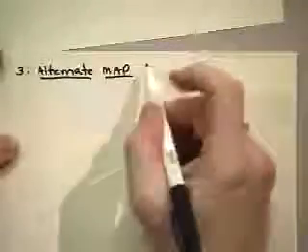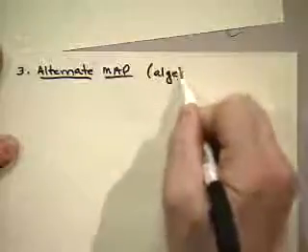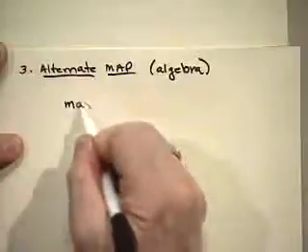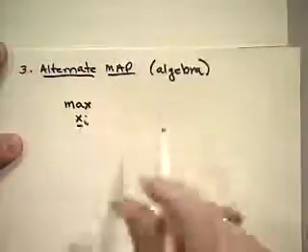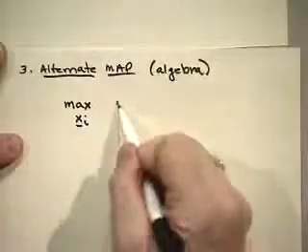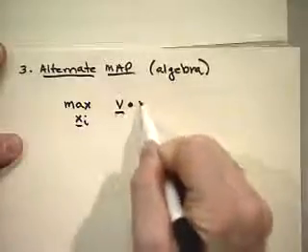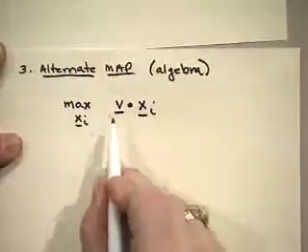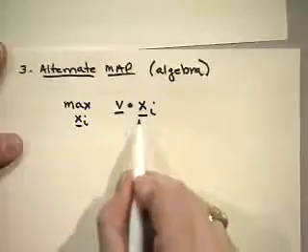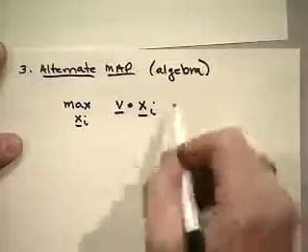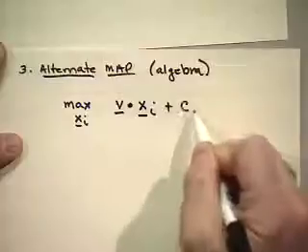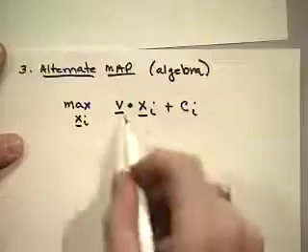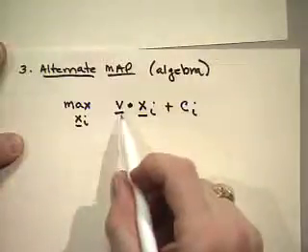Again, after some algebra, which is in the book in detail, you can determine that the map detector actually maximizes, over the choice among all the transmitted signals, the inner product of the received vector y and the input vectors xi in the signal constellation, plus some constant ci, which is not a function of the output of the channel, so you can pre-compute it.